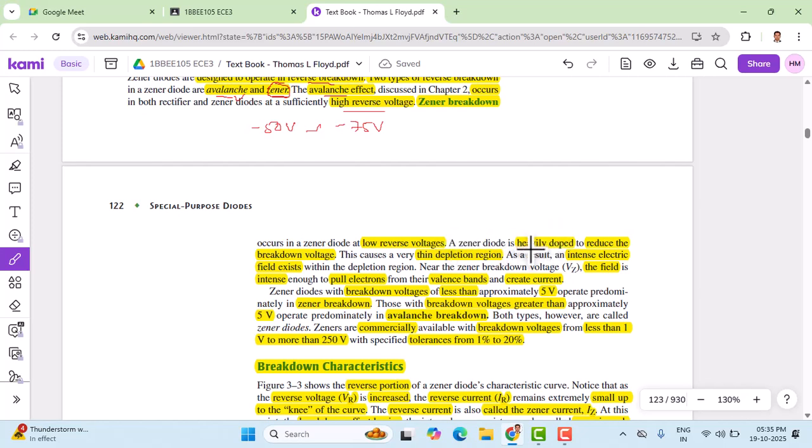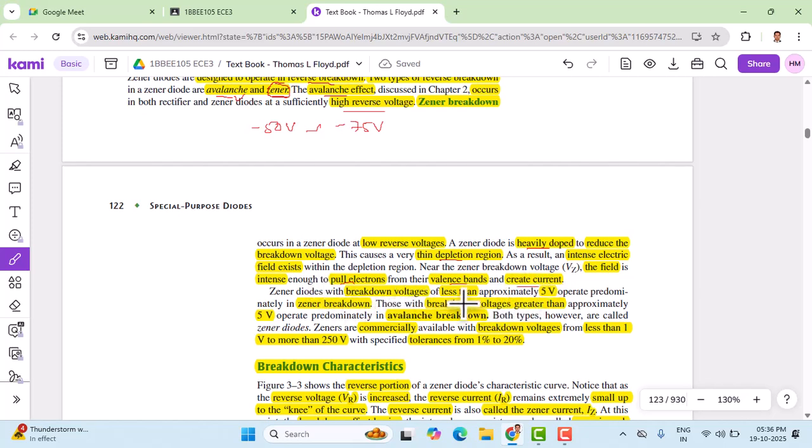A Zener diode is heavily doped, unlike an ordinary diode, to reduce the breakdown voltage. This causes a very thin depletion region within the Zener diode, and as a result, an intense electric field exists within it. In Zener breakdown, the field is intense and pulls enough electrons from their valence bands, which in turn creates a current.